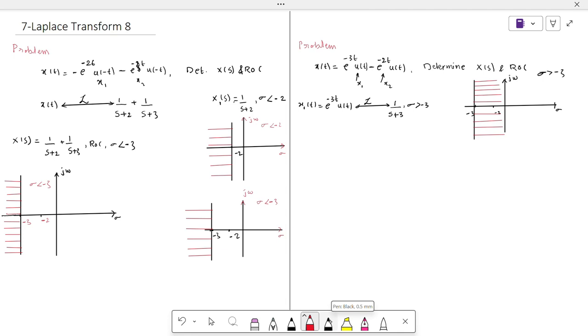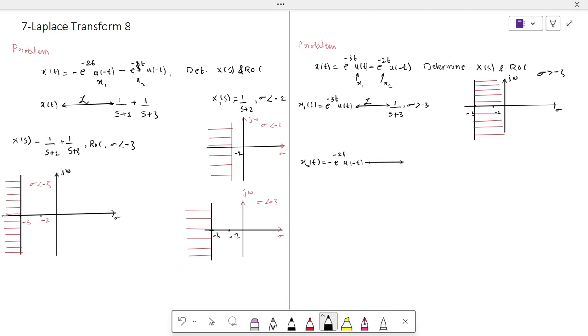For the next one, the second component, x2 of t equals minus e power minus 2t. Sorry, this is u of minus t. This is left sided actually. So e power minus 2t into u of minus t.